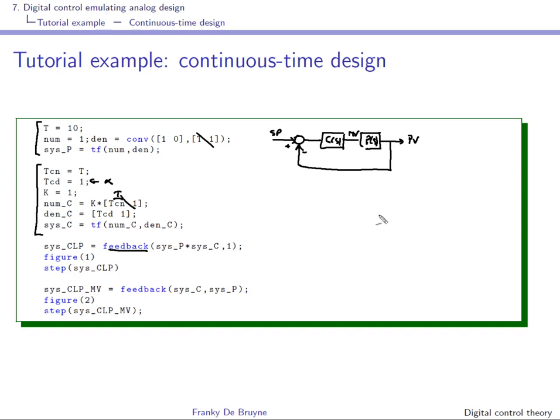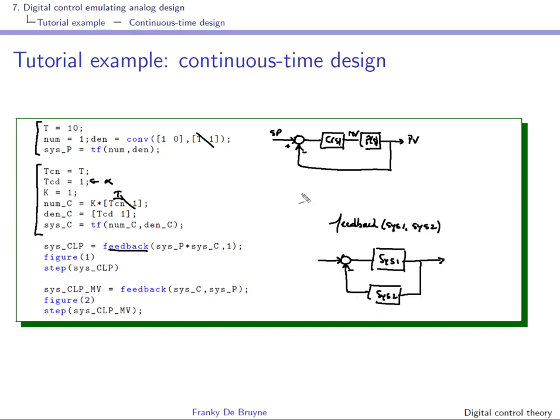If you implement feedback(sys1, sys2), this is really what you're going to implement, with a negative feedback. So sys2 is the one that is in the feedback part.